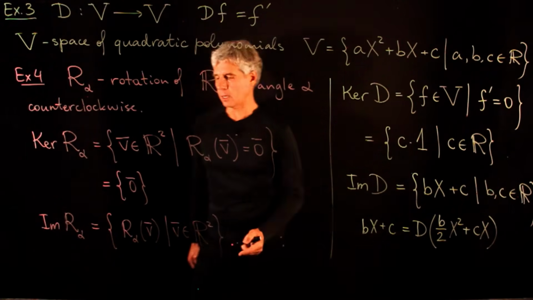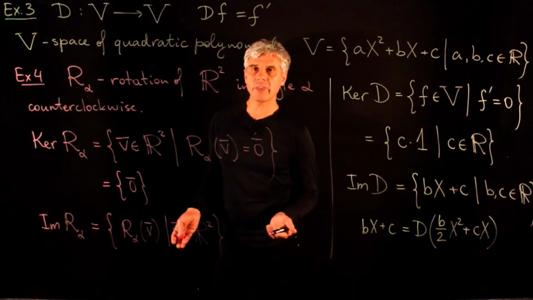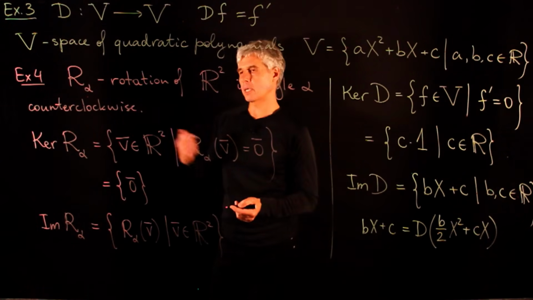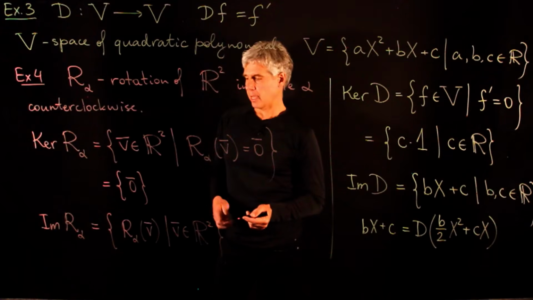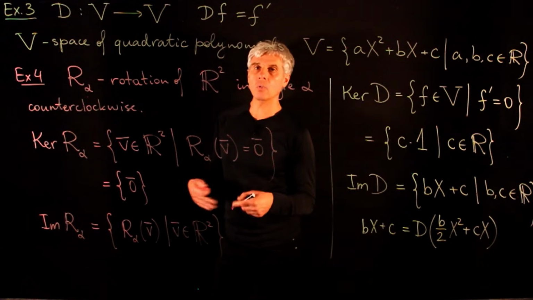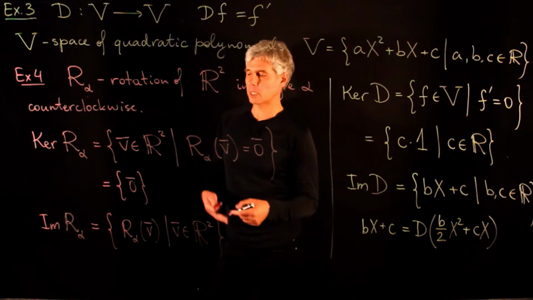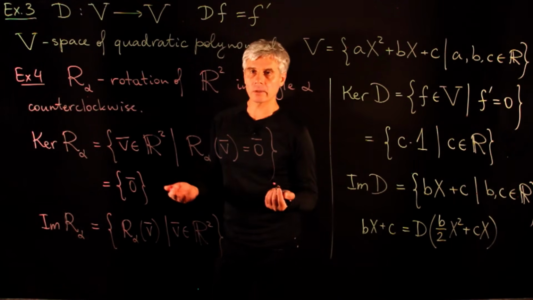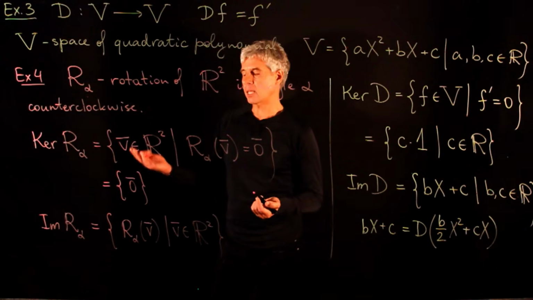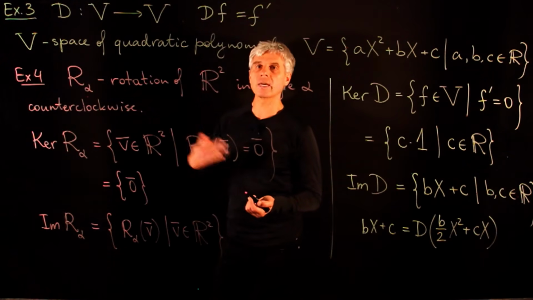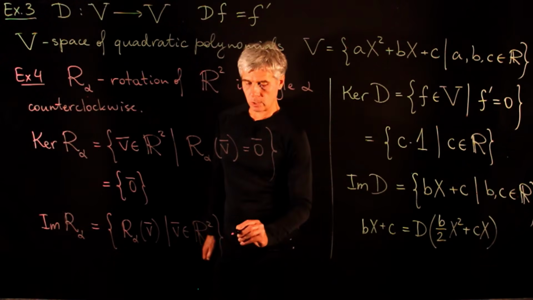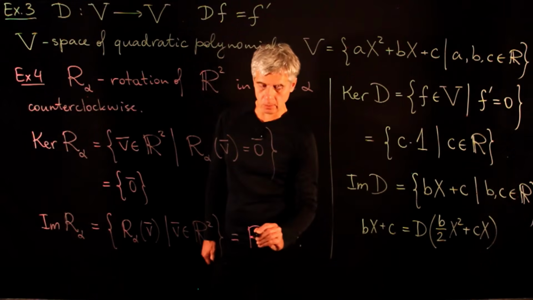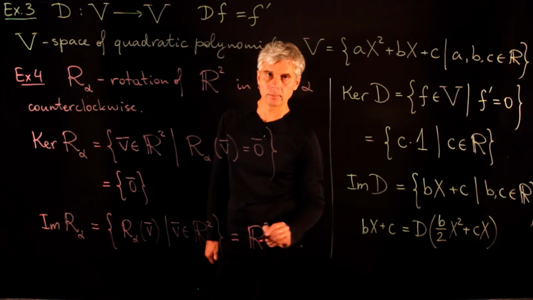So what we do here is we take all possible vectors in the plane and we rotate them all by this fixed angle alpha. And then we collect all possible values of this rotation. So here it's quite clear that the rotated vectors of the plane will cover again the whole plane. So this tells us that the image of this operator is the whole plane R2.